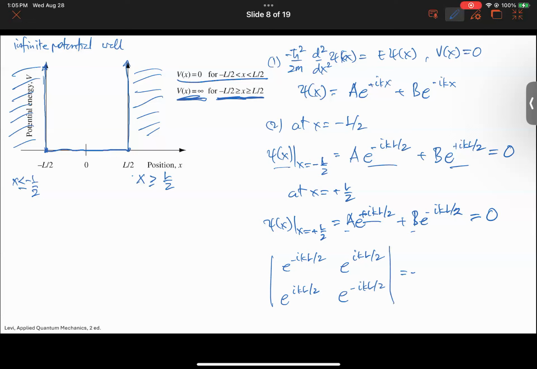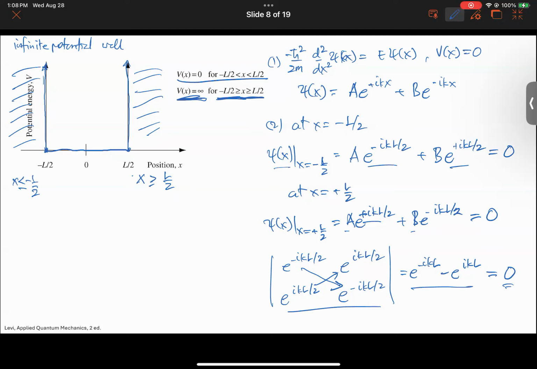We can now write that as exponential i k L minus exponential negative i k L, and of course that should be equal to 0. The determinant should be 0, because the coefficients should be linearly independent wave functions.